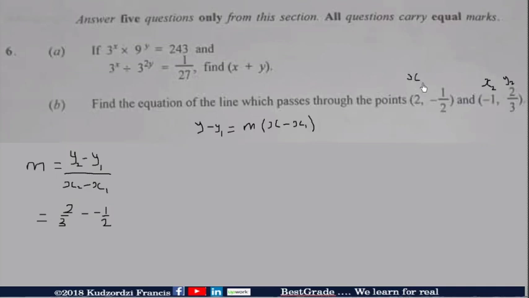Then we have over x2, which is negative 1, minus 2. Now let's simplify this to get 7 over 6 all over negative 3. So the slope is equal to negative 7 over 18.